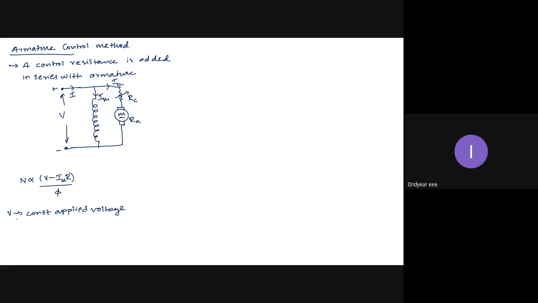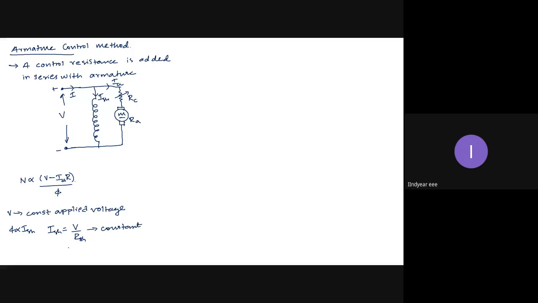Phi is proportional to Ish, and Ish is equal to V by Rsh, which is also a constant. Okay.